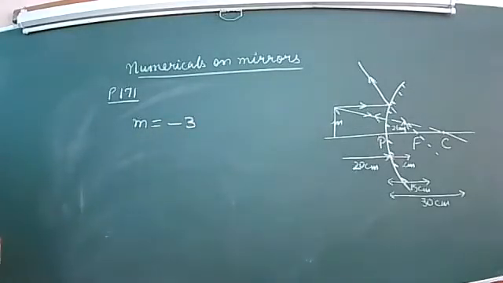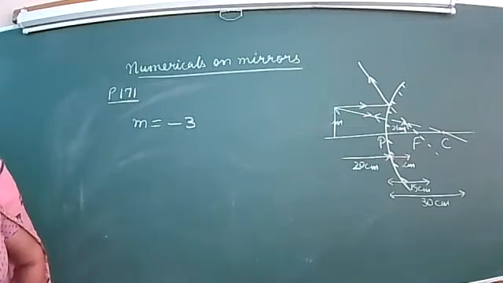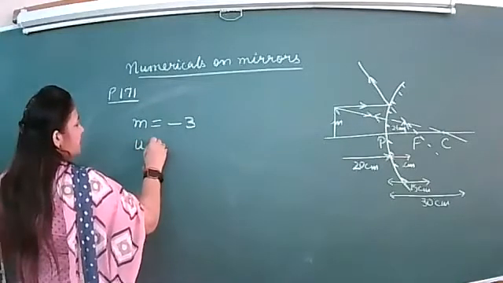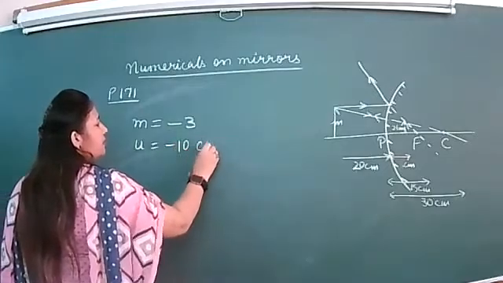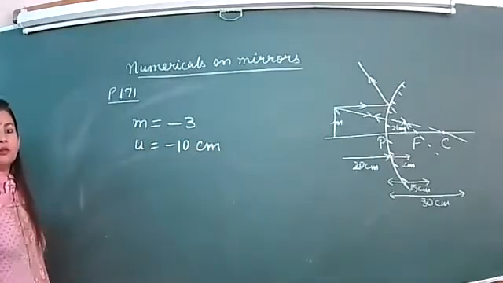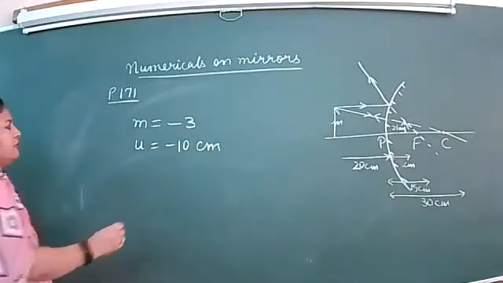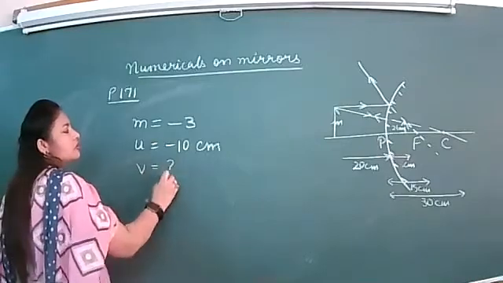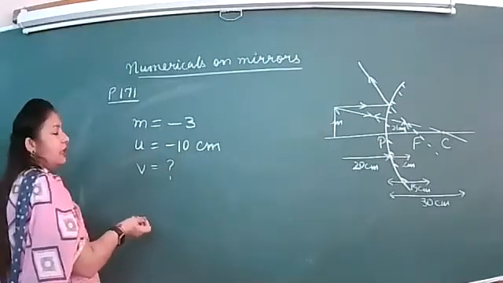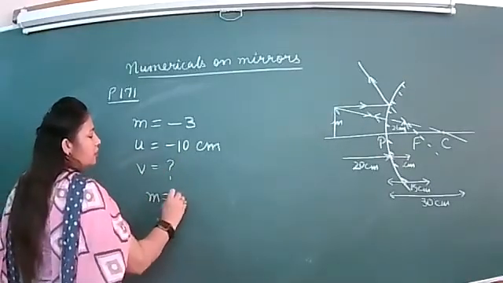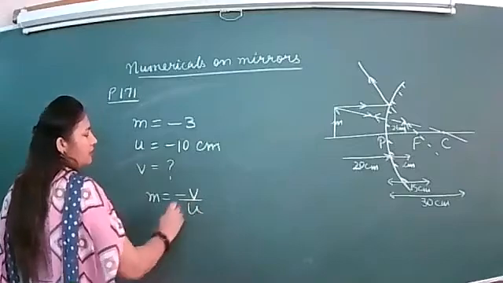This is given to us. And what else? Object placed at 10 centimeters, so object distance U is -10. We are to find only V, so only the formula of magnification we can use here. M is equal to -V by U for a mirror.